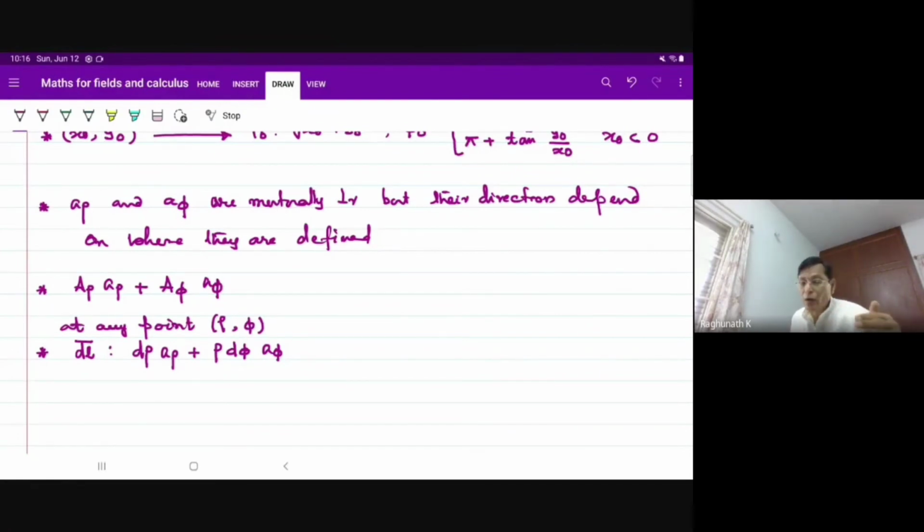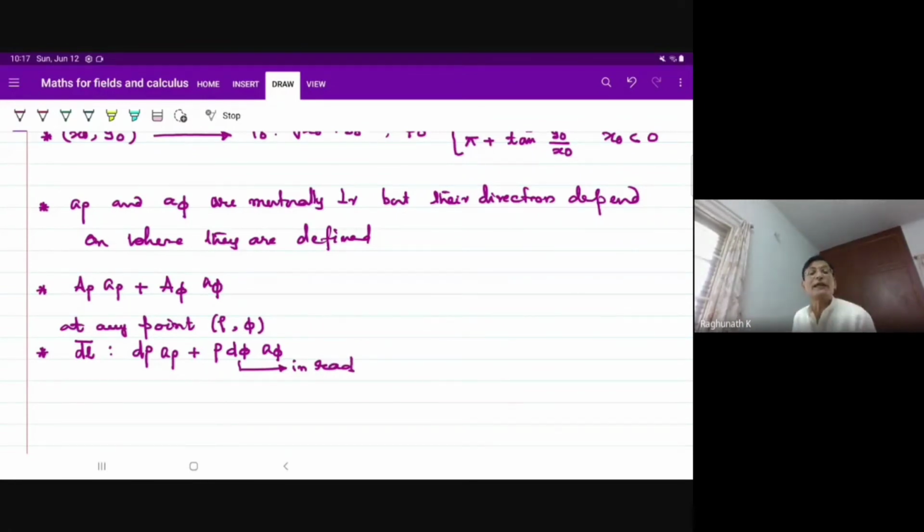If you change rho by d rho, straight away it is the change in the length. But if you change phi by d phi, because you have to incrementally change these values, at that particular point where the coordinates are rho and phi, we create another length component, which is rho d phi. For sure, this is in radian only.